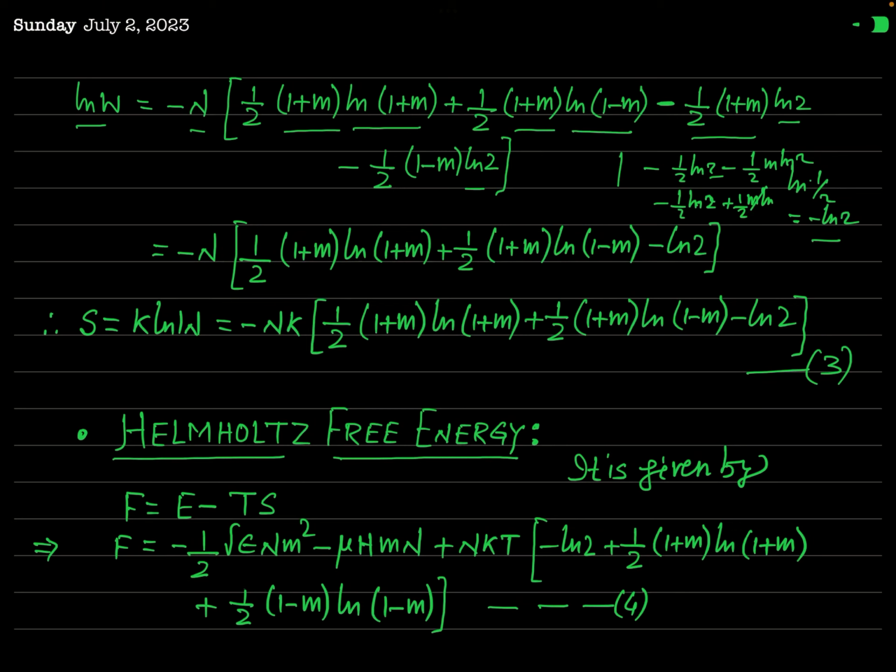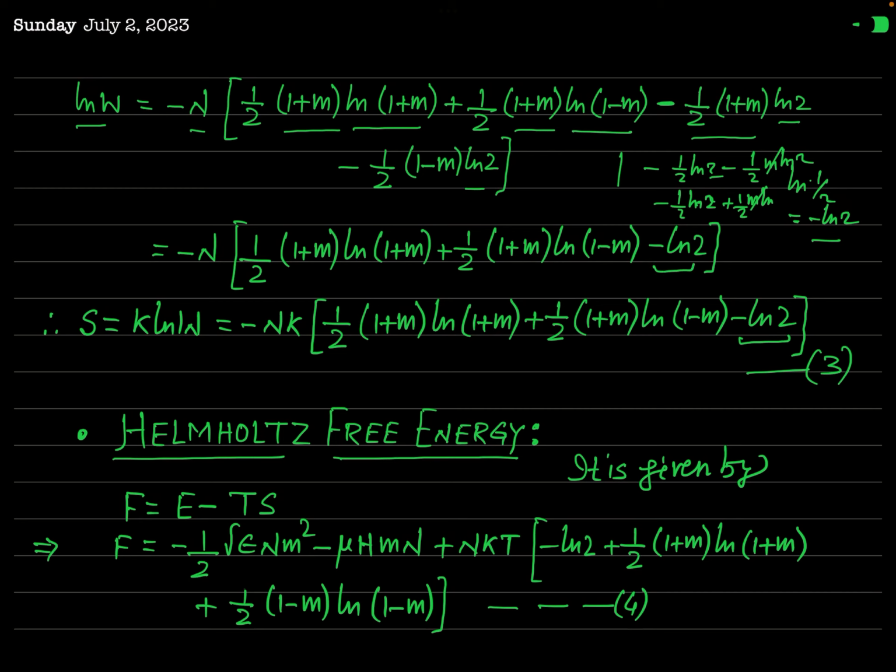So this and this will cancel out, and in the last terms we will have minus 1 by 2 log 2 or minus 1 by 2 log 2. So this will be 2 times minus 1 by 2 log 2. The 2 will cancel out, and so the sum of the last two terms will be simply minus log 2. So you can see I have written here minus log 2.